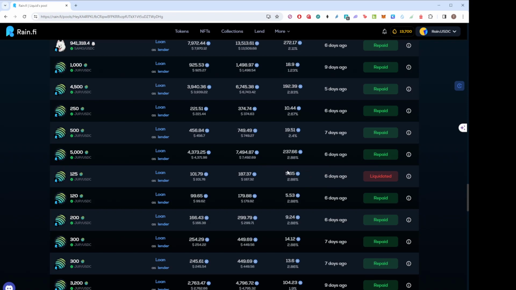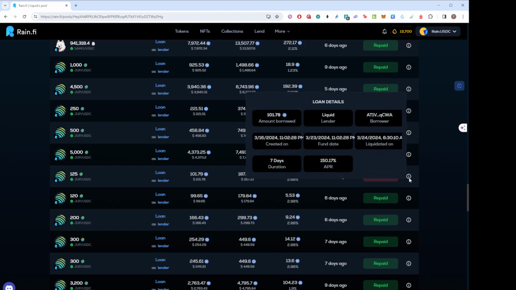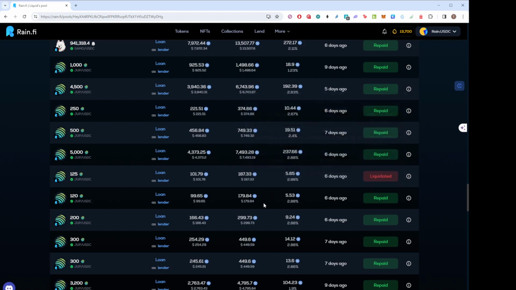Now, they were supposed to pay a fee of 5.65 as well as return the original 101. Now, for whatever reason, this person either forgot about the loan or decided he didn't want to pay, and so he got liquidated, and the collateral was then turned back into dupe.